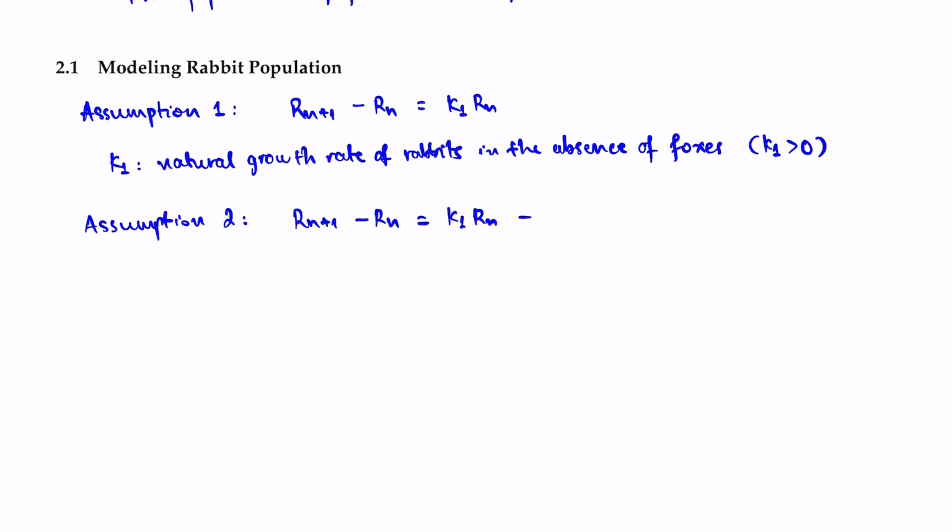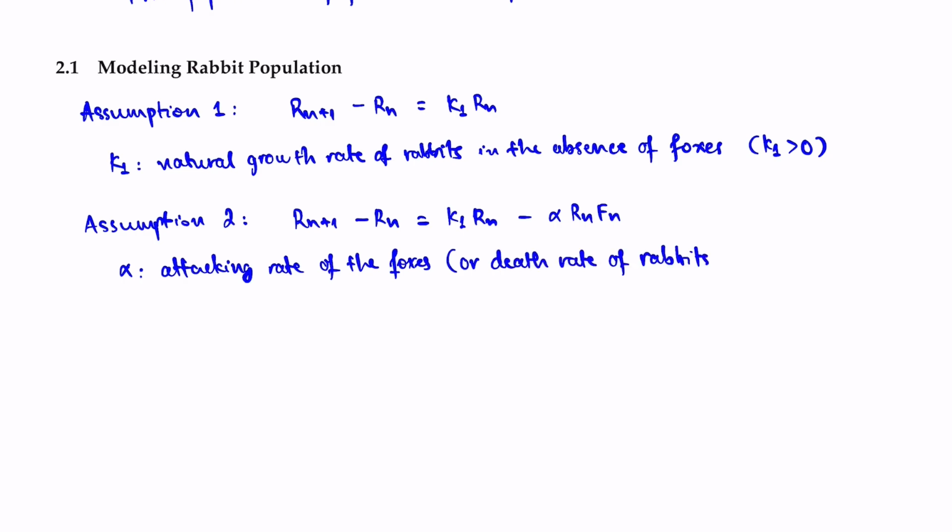Now we need to subtract the population of rabbits lost due to the interactions between rabbits and foxes. This decrease can be written as alpha times R sub n times F sub n, where alpha in this case is the attacking rate of the foxes, or you can think of this value as the death rate of rabbits. We also assume that alpha is a positive constant. The term R sub n times F sub n technically represents the interaction between rabbits and foxes.